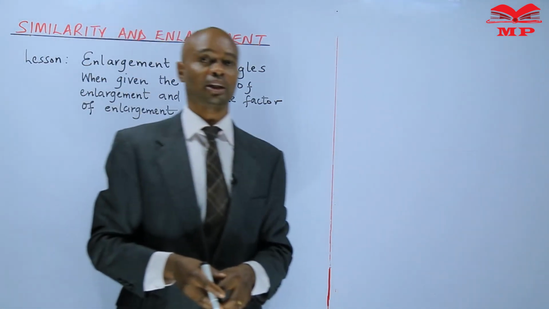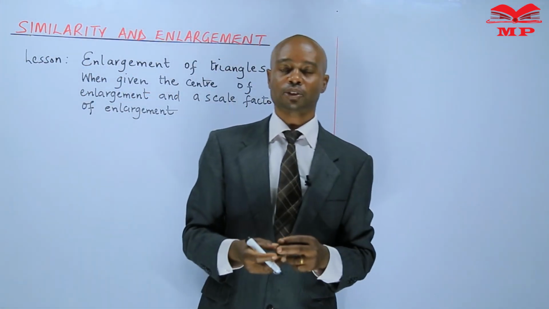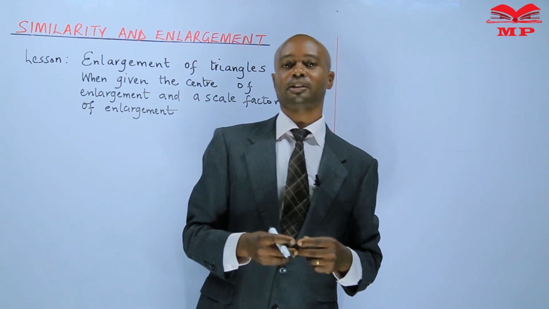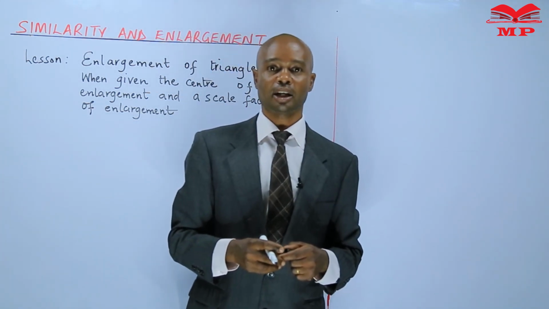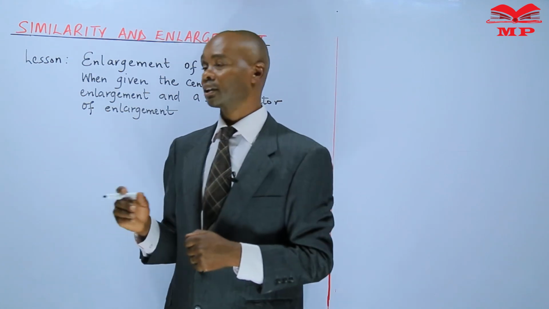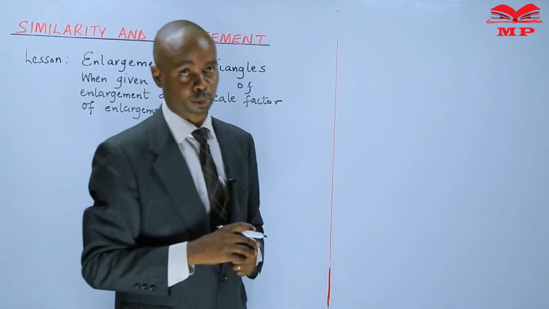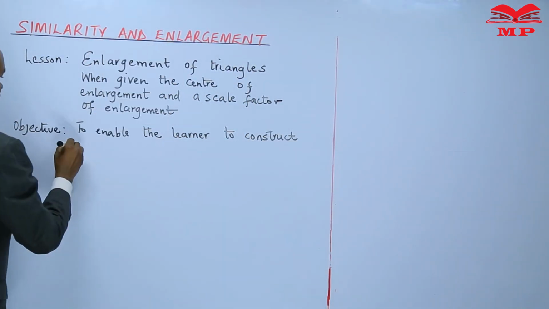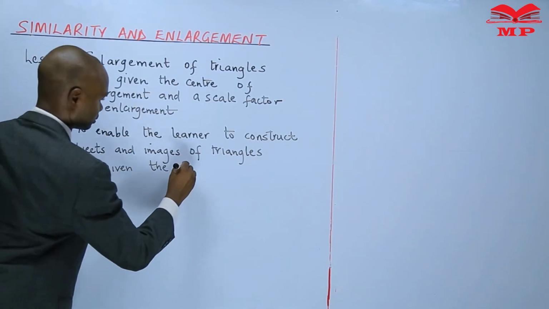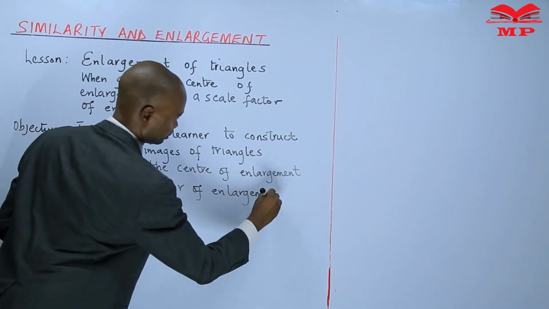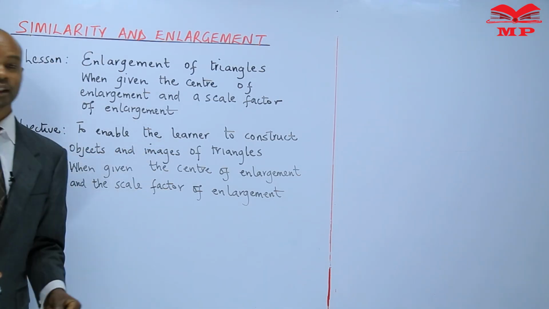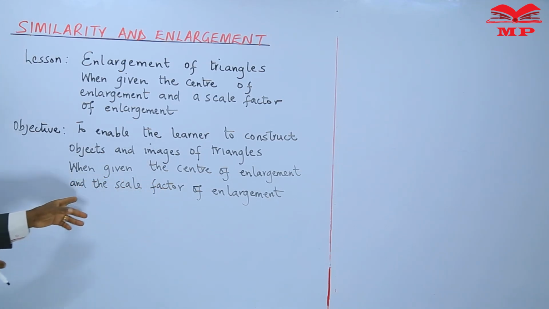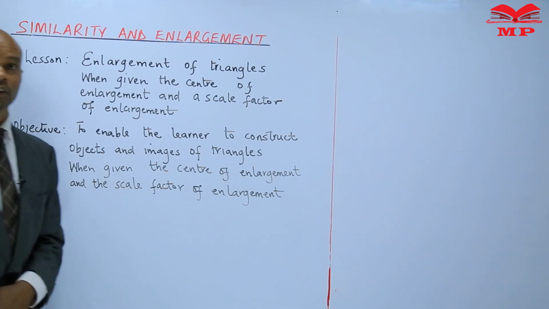As usual, an objective. At the end of the lesson, the learner should be able to construct objects and images of triangles when given the center of enlargement and the scale factor of enlargement.